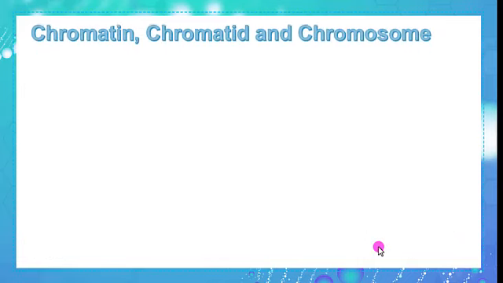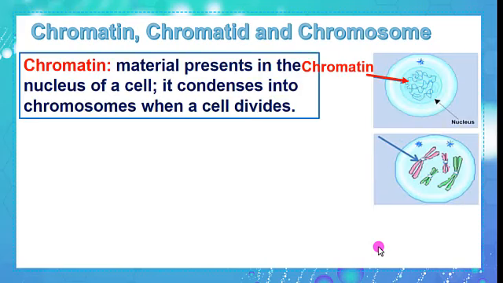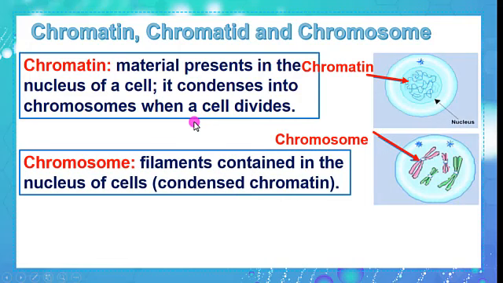Now let's distinguish between chromatin, chromatid, and chromosome. Let's start with the chromatin. Chromatin is material present in the nucleus of the cell. It condenses into chromosomes when a cell divides. While chromosomes are filaments contained in the nucleus of cells. They are condensed chromatin.